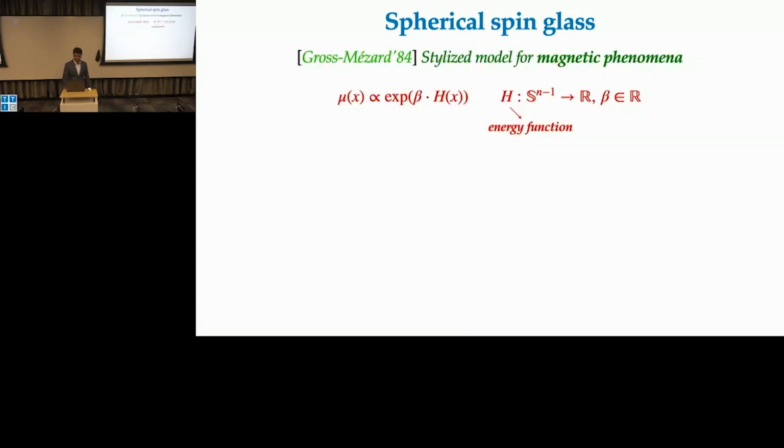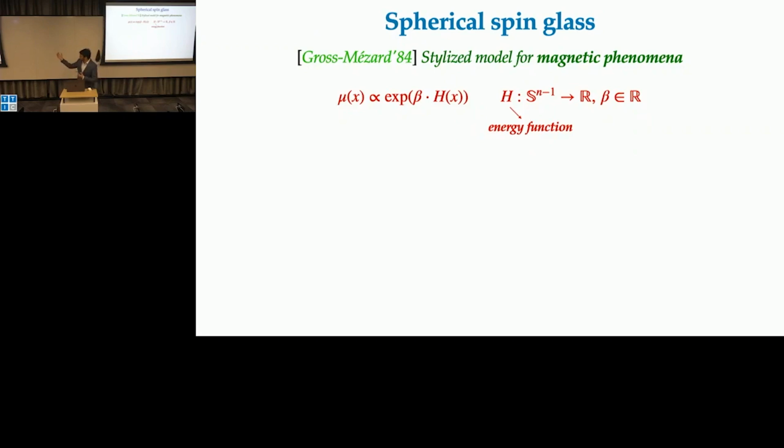Okay, so let me tell you all about a certain model from statistical physics called the spherical spin glass. This model was introduced by Gross and Mézard in 1984 as some sort of stylized model to study magnetic phenomena. In this model, you should think of there as being some energy function h and some other parameter beta.